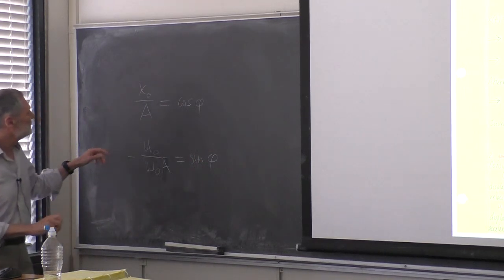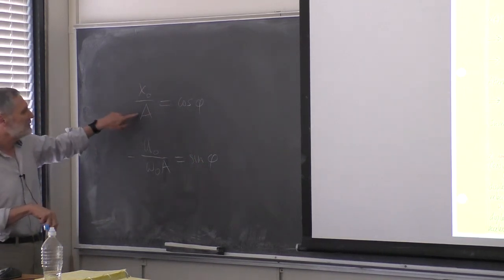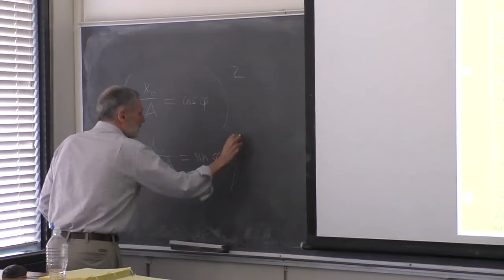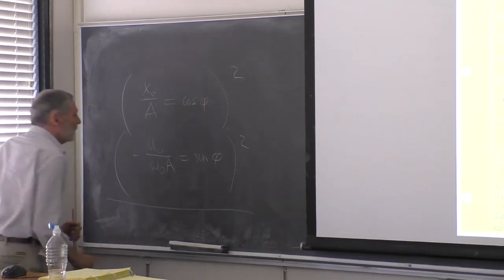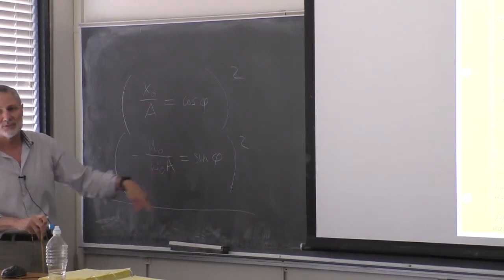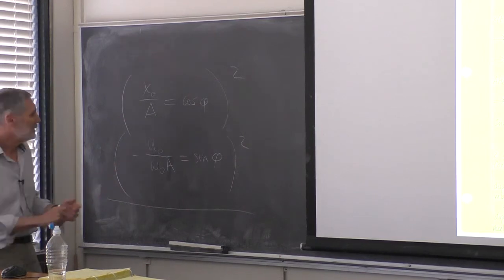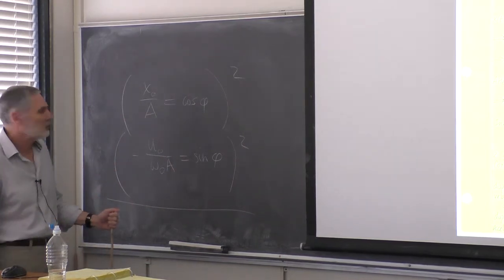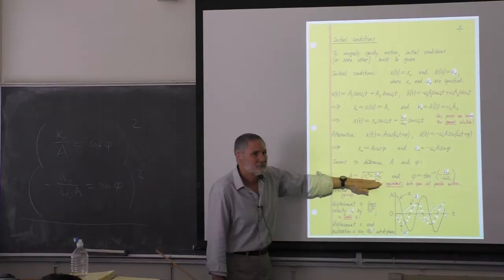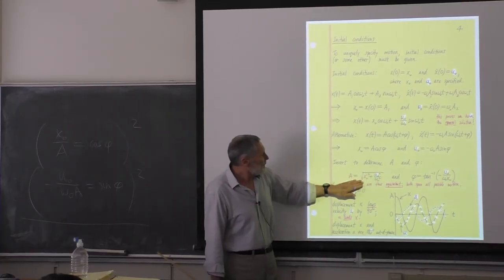Now, I need to find a. I can find a if I square this equation and add the left-hand sides and the right-hand sides. What's the cosine squared plus the sine squared? It's 1. So I've eliminated phi. That's the quick way to do it. And we solve for a. And here it is. Okay? So we've solved for a.